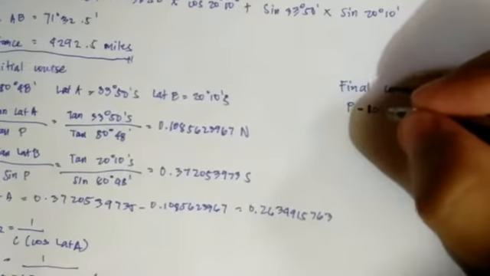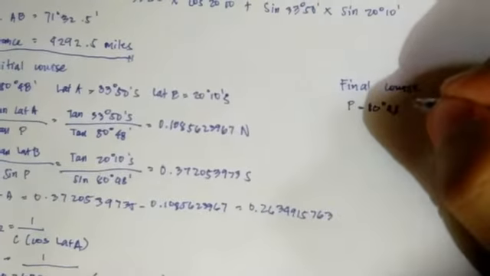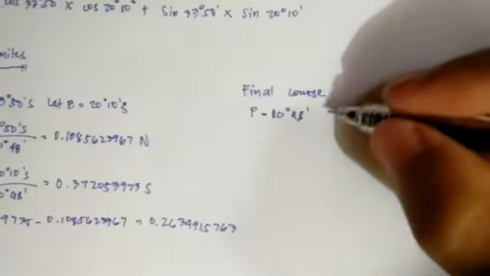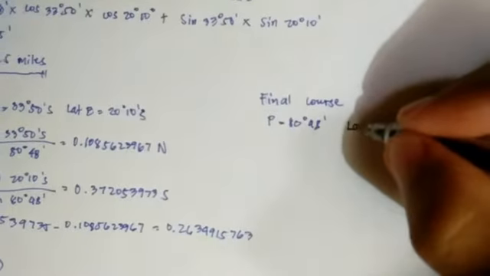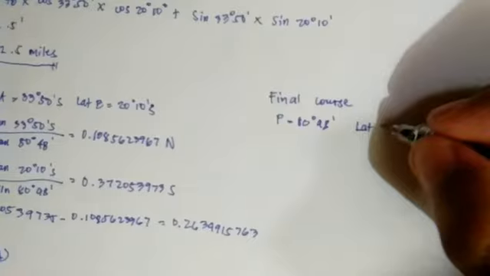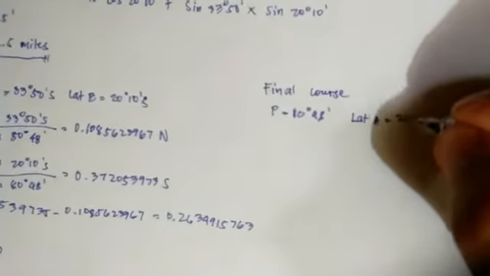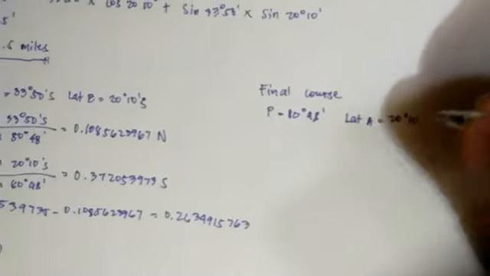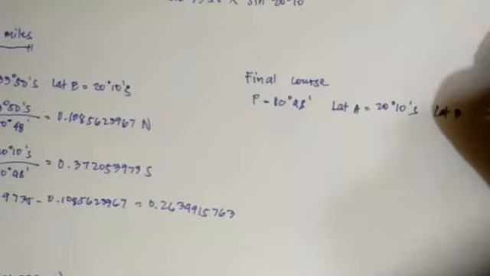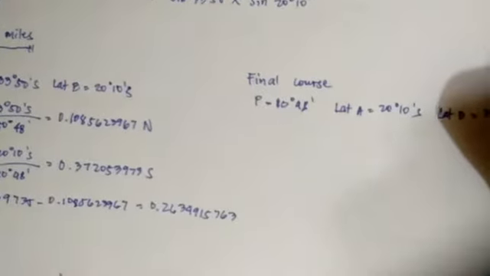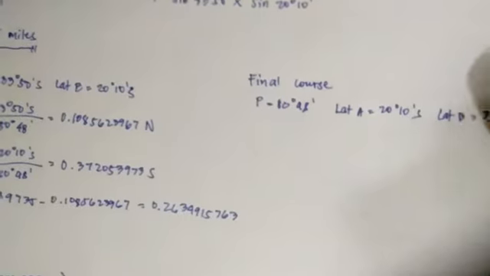We will use the same given, which is the d long or P, 80 degrees and 48 minutes, and we will use latitude B as our latitude A. So latitude A will become 20 degrees and 10 minutes south, and our latitude B will become 33 degrees and 50 minutes south.